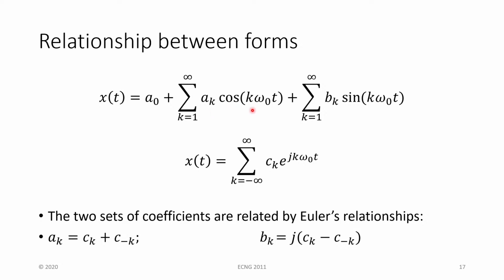So our a_k cosine terms will be real terms with respect to c_k and c_negative k, but our b_k sine terms will have an imaginary value because of this j at the start of the equation. And that shows how the a_k and b_k values are related to c_k, mapping the trigonometric form to the complex exponential form.